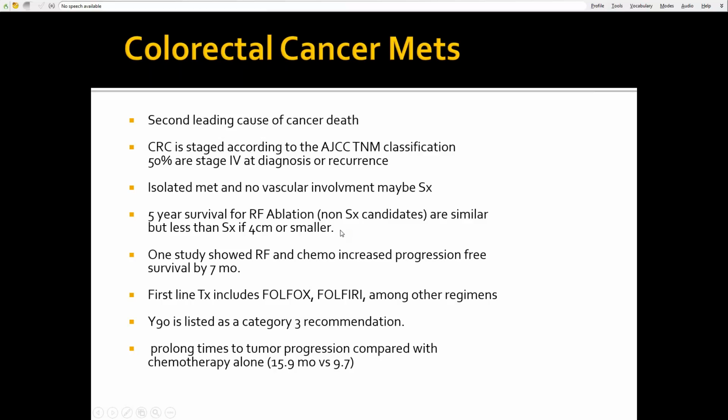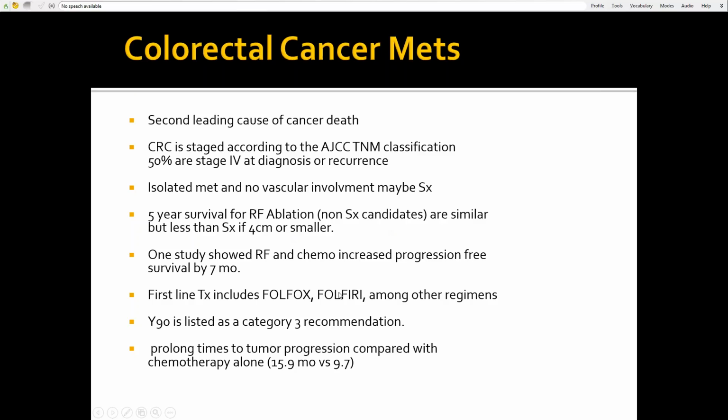Colorectal cancer metastasis is very common, the second leading cause of cancer death. Patients typically present already at stage 4, 50%, that's a lot. Five-year survival for RF ablation of non-surgical candidates is similar, but less than that of surgery, if it's a 4 centimeter or smaller lesion.